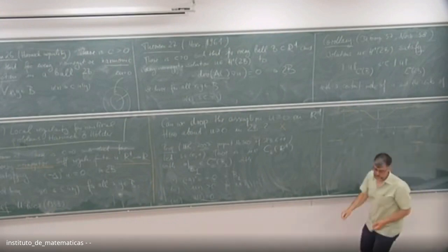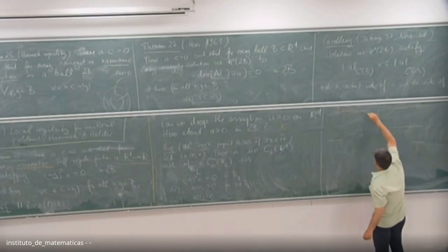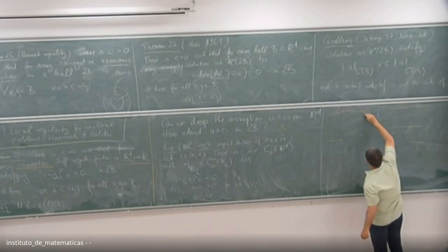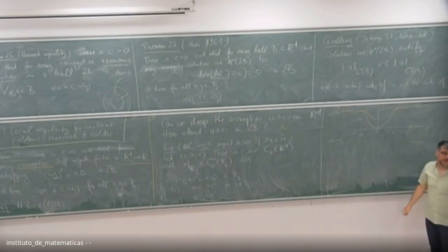And then what you do, if you have a lot of time, then we produce such a function. And then it's non-negative, and it's 0 here, and harmonic is 1.